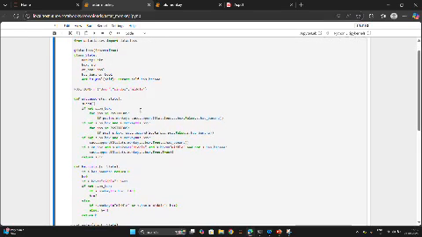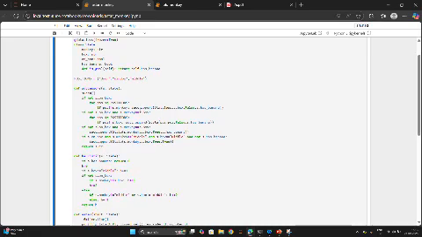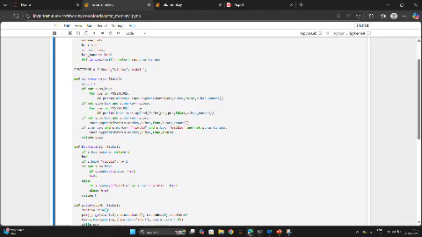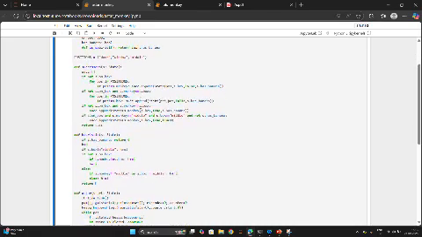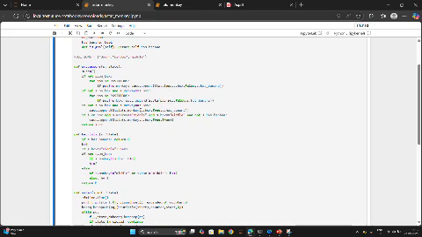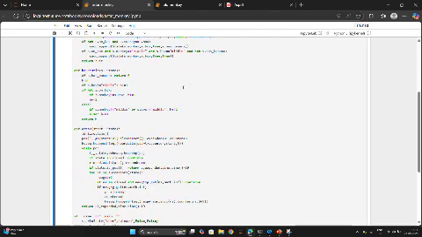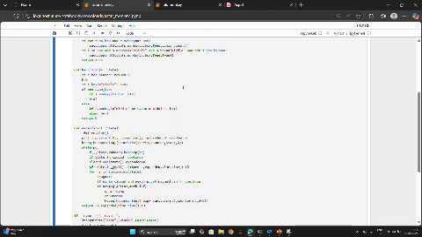The priority is based on the function f of n equals g of n plus h of n, where h of n is the heuristic, that is the distance from the monkey's position to the bananas, and g of n is the cost so far, that is the number of steps taken. This way the monkey is guided towards the goal faster, avoiding the irrelevant paths. And if the heuristic is good, A star is both optimal and efficient.